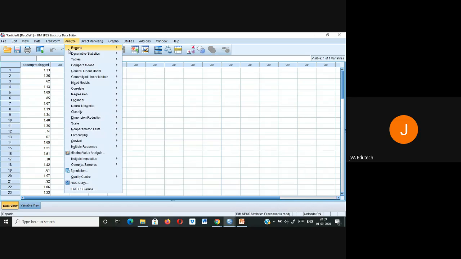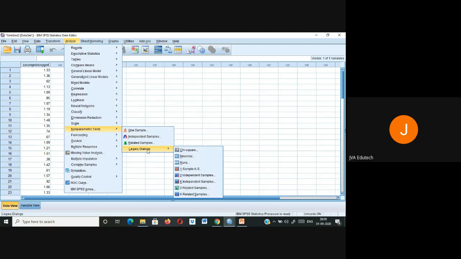Go to Analyze, non-parametric test. Which SPSS version are you using? Sir, it's 26. Okay. Go to legacy dialogs. We'll find this one sample KS. Click on Analyze, go to non-parametric test, then legacy dialogs, one sample case.